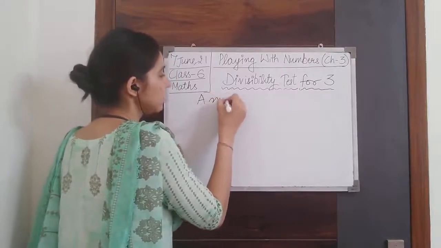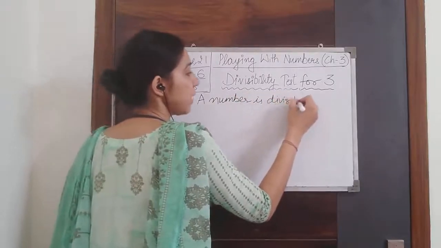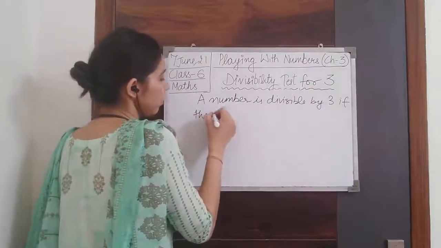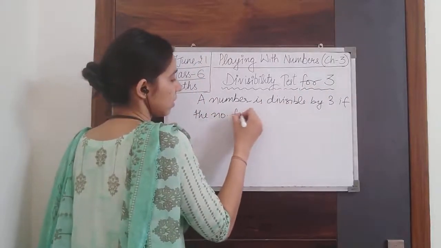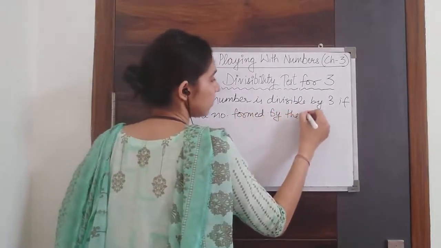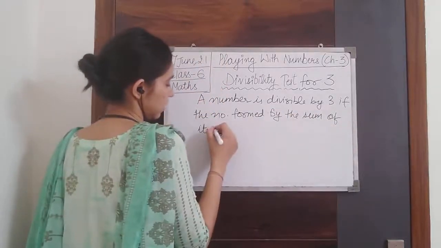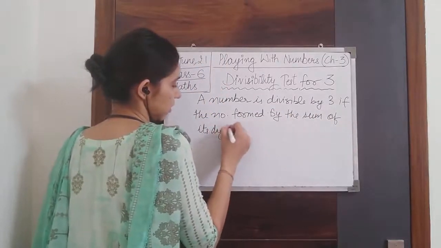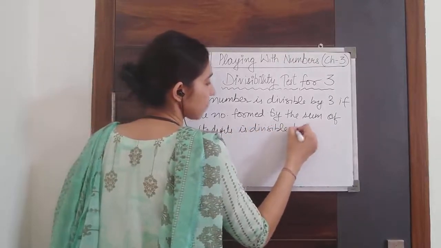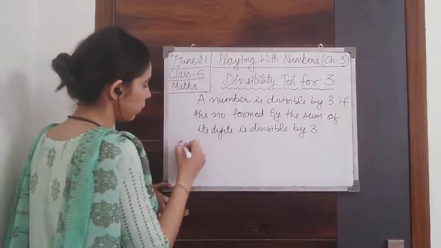A number is divisible by 3 if the number formed by the sum of its digits is divisible by 3.